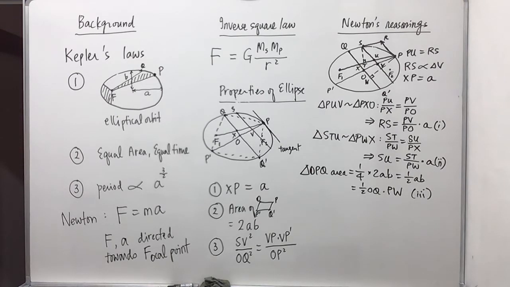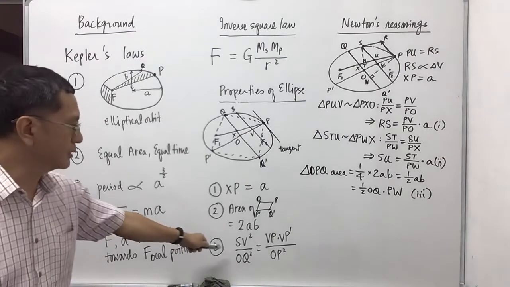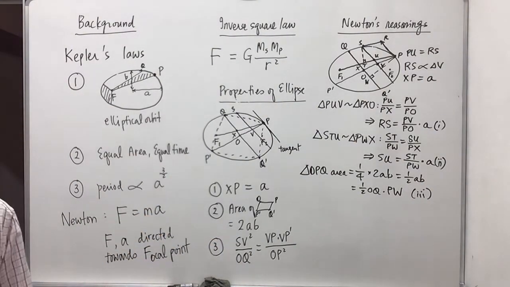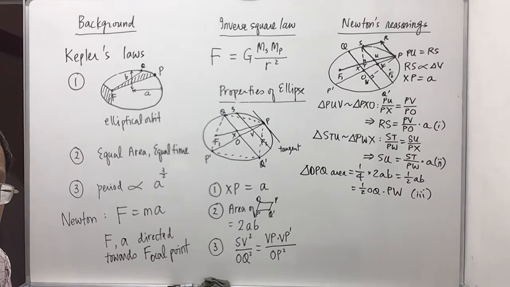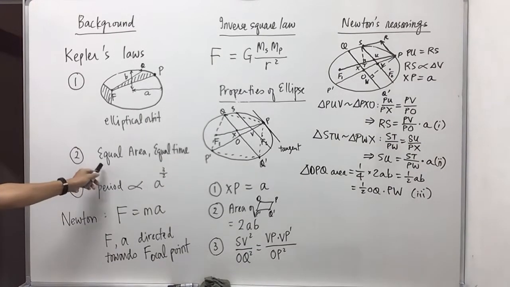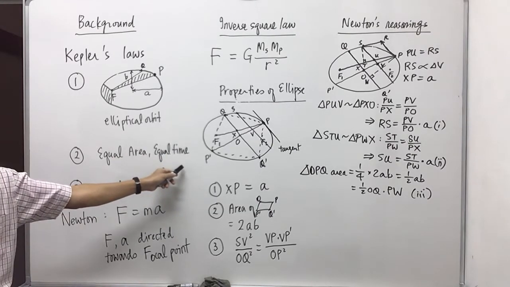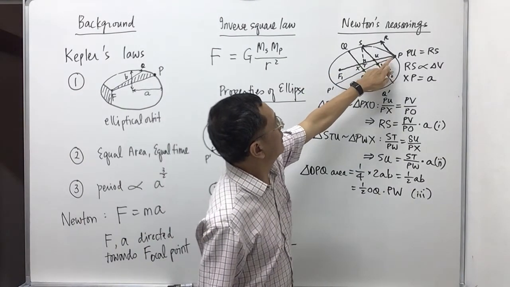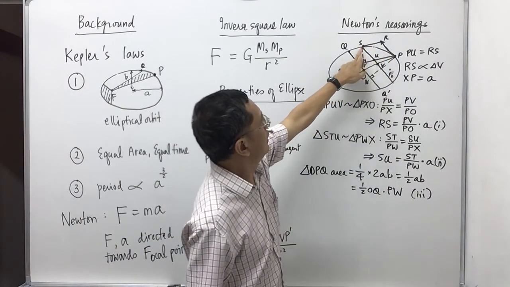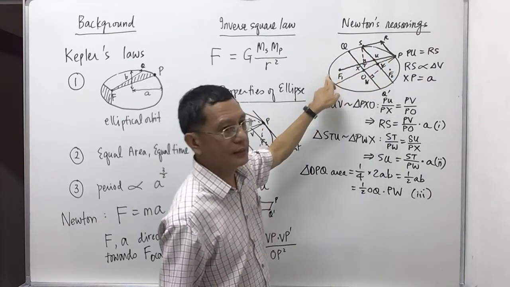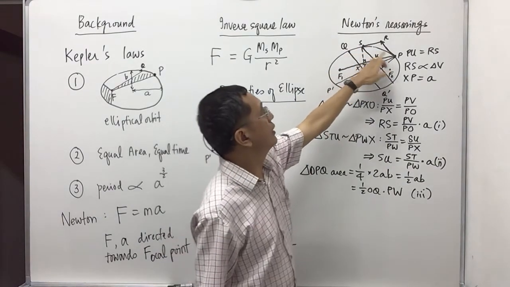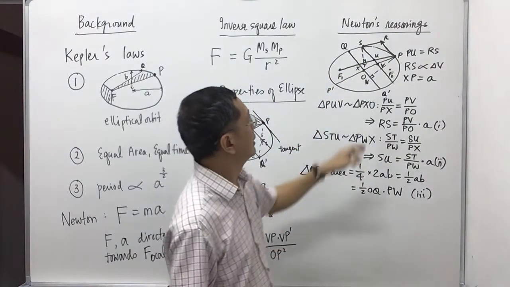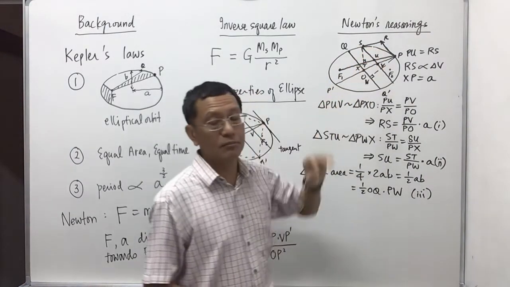We need one last relation before we're going to pop this into the recipe. So one last relation is actually from Kepler's second law, equal area, equal time. If we imagine that this is the sun, this is the planet, and over a certain time it sweeps out an area F1PS. Now, although this is not really a triangle, I want you to imagine that all these are infinitesimally small.